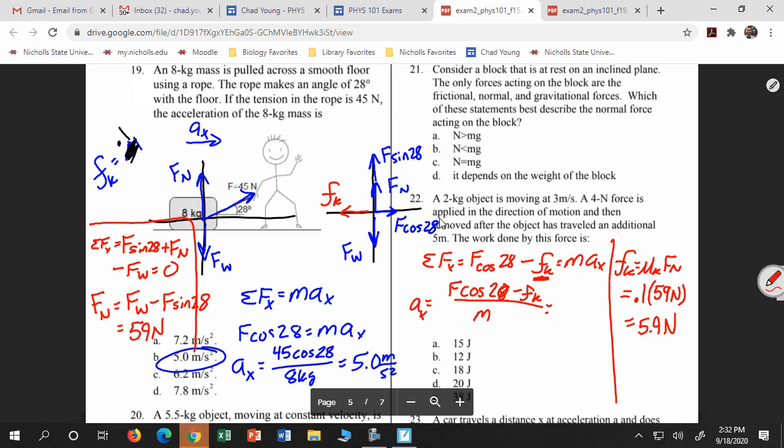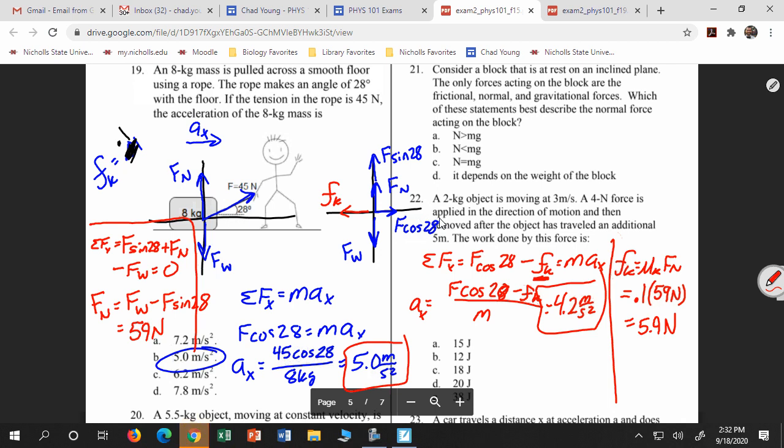So F is 45 cosine 28 minus Fk, which I have now, 5.9. And I divide that by m, which is 8. And I get an acceleration of 4.2. Which is smaller than what I had before, and it should be, because now I have friction acting on this object, which would act to slow down the object.